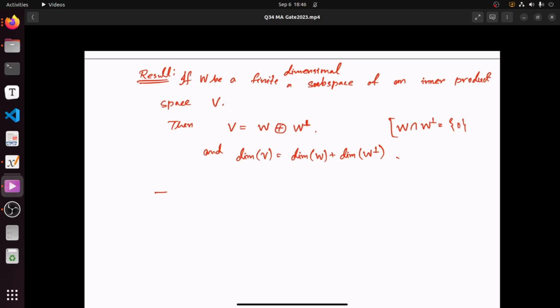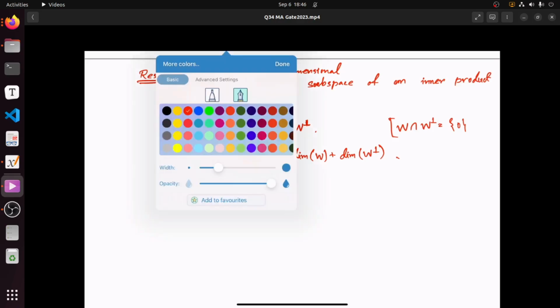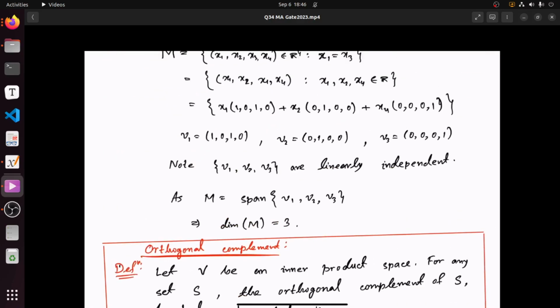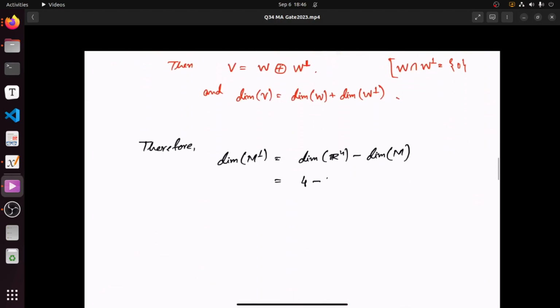So therefore the dimension of M perp will be the dimension of V, which is R4 here, as M is a subspace of R4, minus the dimension of M. The dimension of R4 is 4, and the dimension of M we have found is 3.